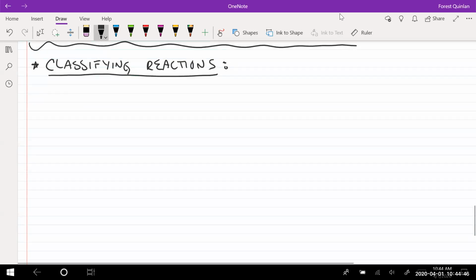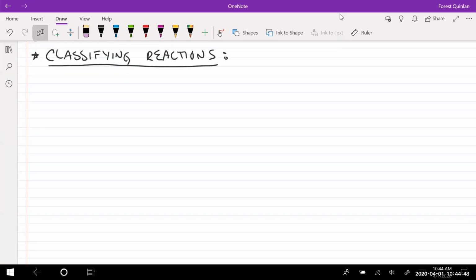Classifying reactions. We have 1, 2, 3, 4, 5 different types of reactions that we want to be able to classify. Just like we were classifying with nomenclature, if we know what we're looking at, we know how to build it. So let's take a look at the different types of reactions that we have. The first one we have is the combination.